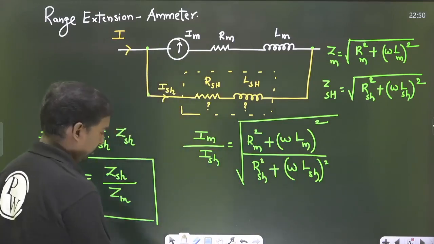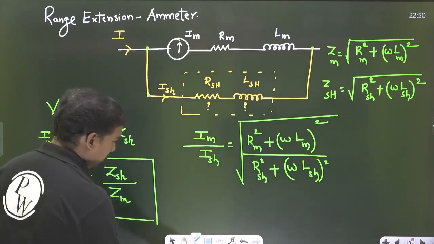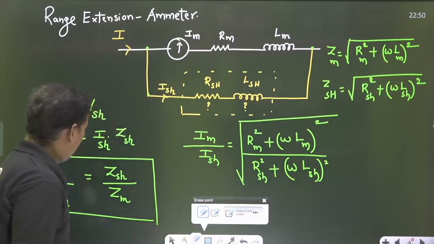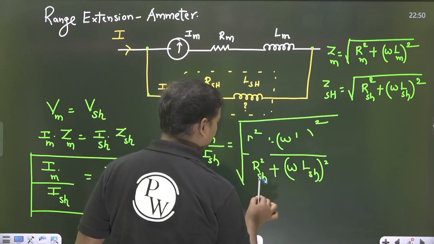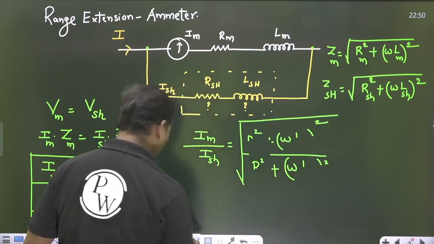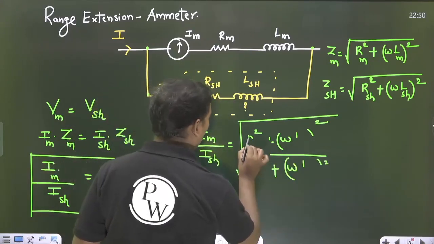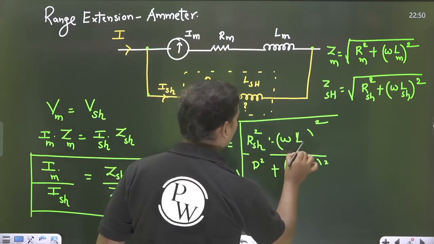This is ZSH by Zm, so here ZSH should come. Opposite. This is RSH, LSH.